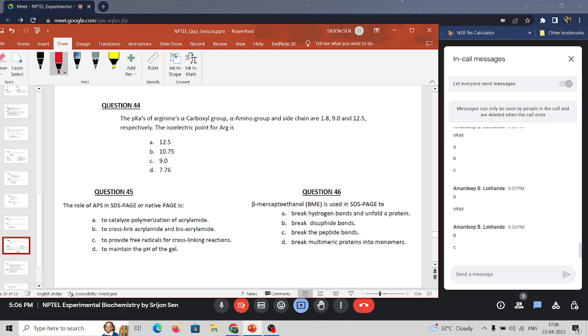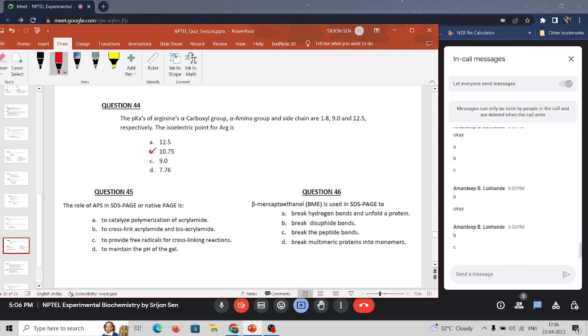So, pI equals pK2 plus pK3 divided by 2. So 9 plus 12.5 by 2, it is coming something around 10.75. So 44B. But if it is a negatively charged amino acid, then it's pK1 plus pK2 by 2.